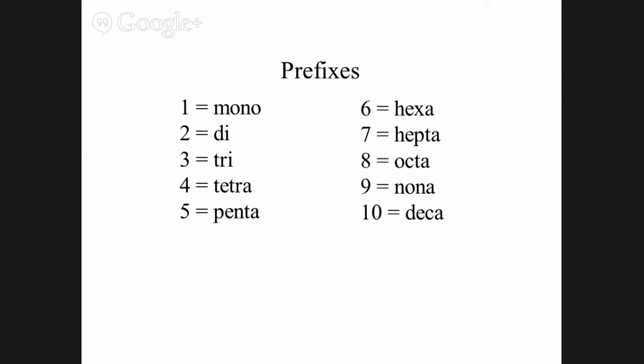So these are what go in front of the element name. Mono for 1, di for 2, tri for 3, tetra 4, penta, hexa, hepta, octa for 8, nona for 9, deca, like decade, for 10.